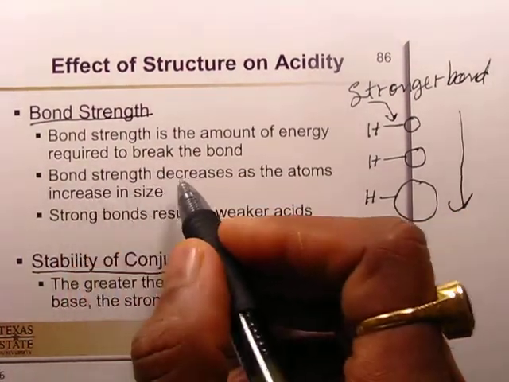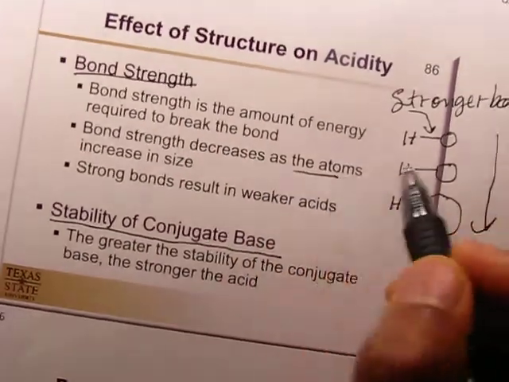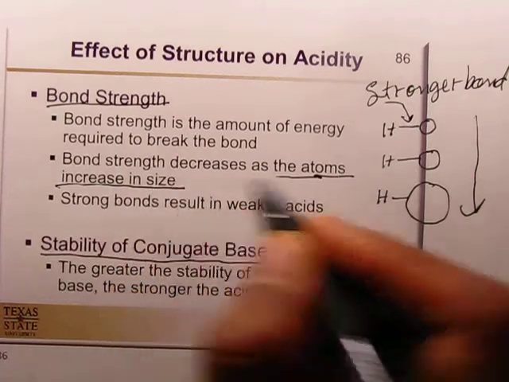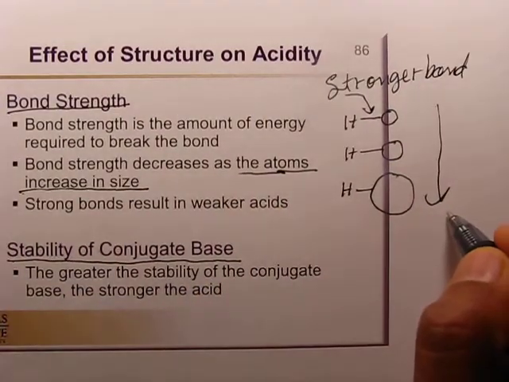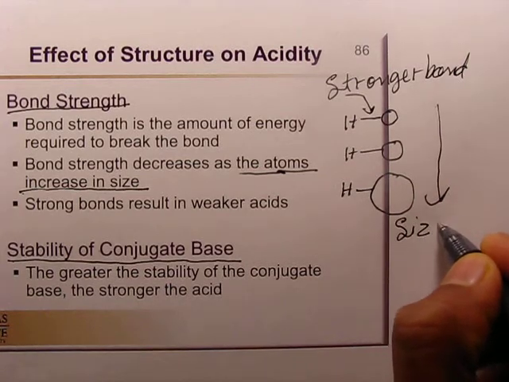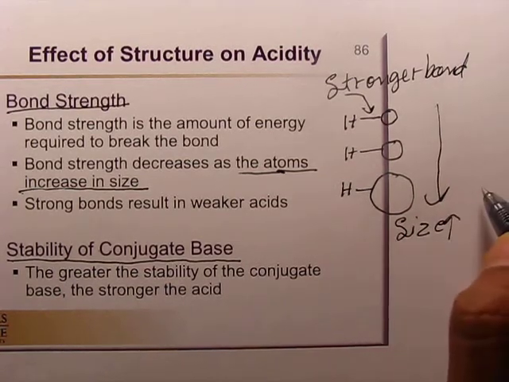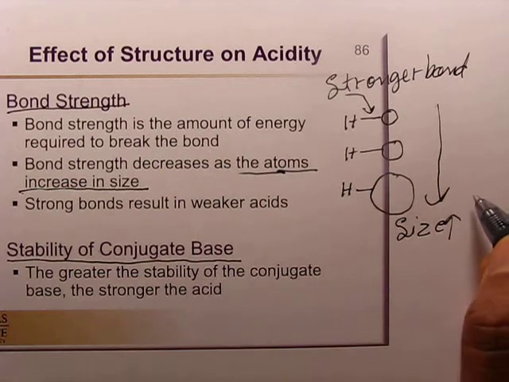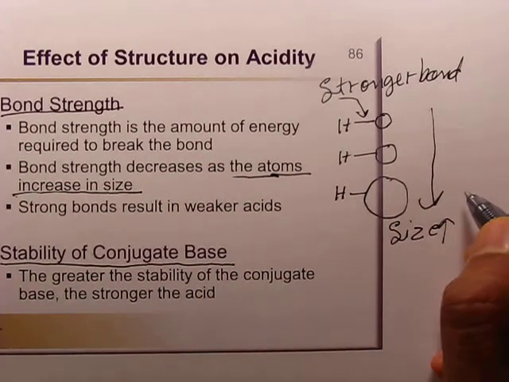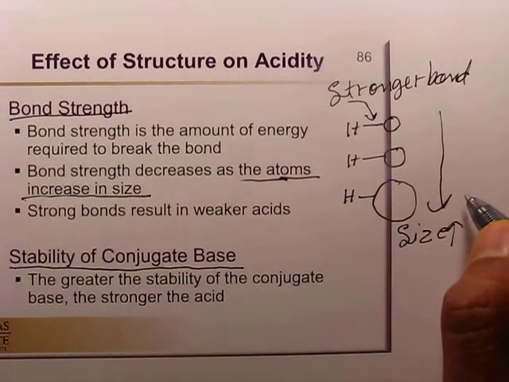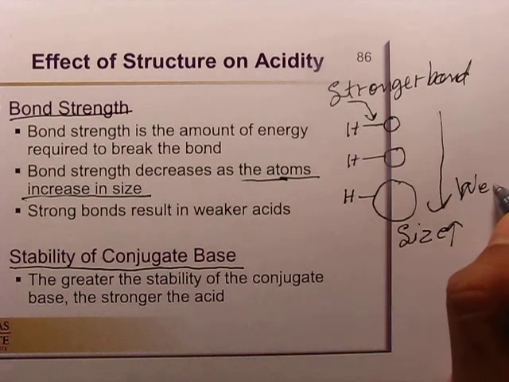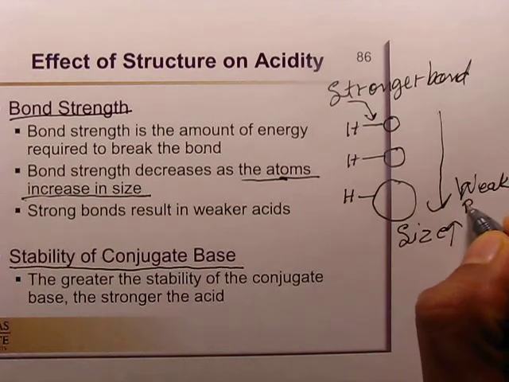So bond strength decreases as the atom size increases. Size is increasing, but acidity is decreasing, because the bond strength is weak.